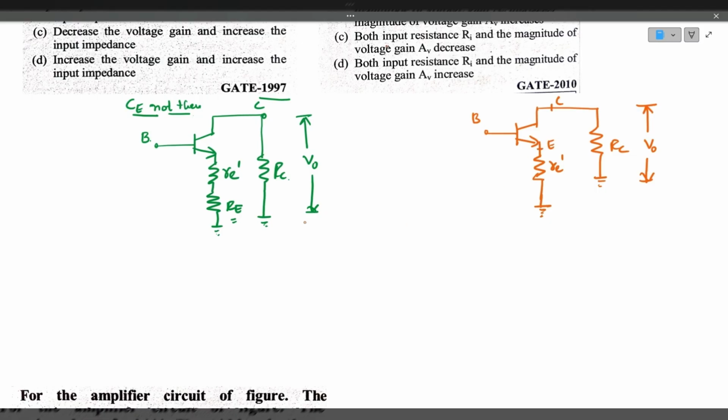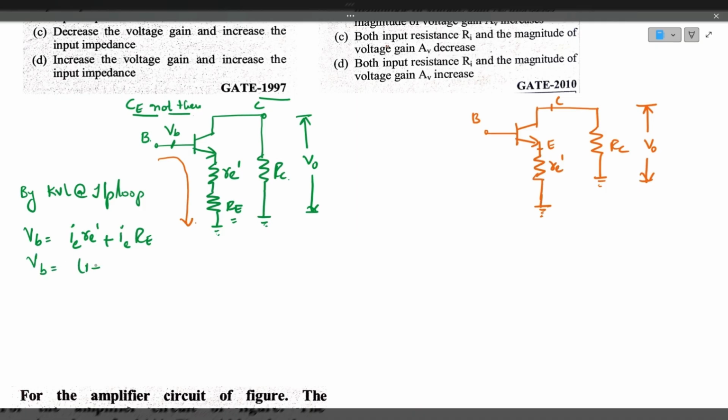Now let's analyze the circuit. If you apply Kirchhoff voltage law in the input loop, by KVL at the input loop, the base voltage VB is equal to the emitter current flowing through the emitter model resistor RE dash, plus the emitter current IE flowing through the emitter resistance RE. Now IE I can write as (1 plus beta) into IB, multiplied by (RE dash plus capital RE).